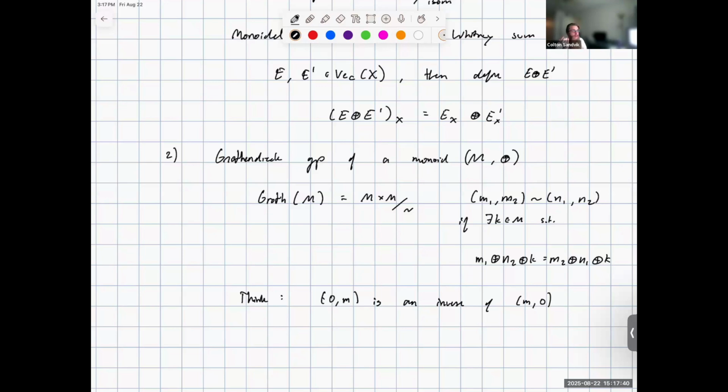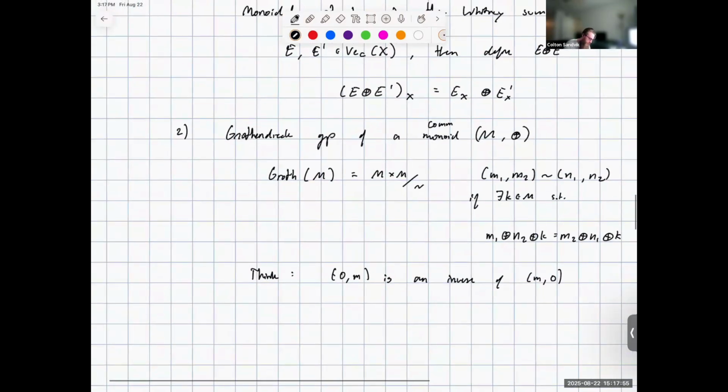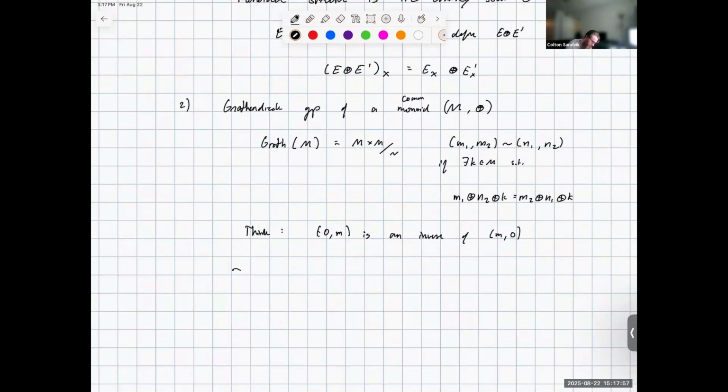So the problem is our monoid may not have inverses, and so we're kind of forcing those to exist. I think I said abelian groups, and maybe I should say commutative monoid or something like that. Anyway, the resulting thing gives you the K0.